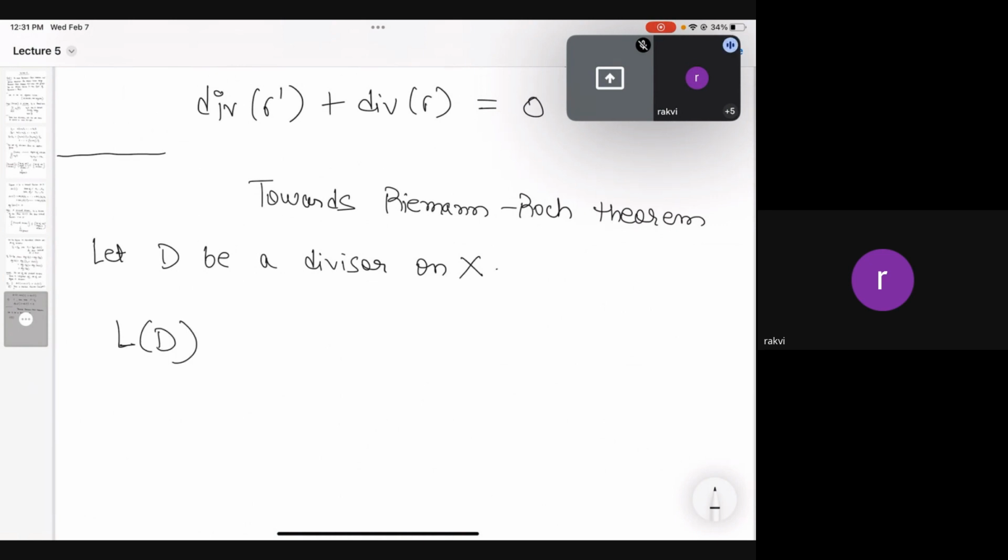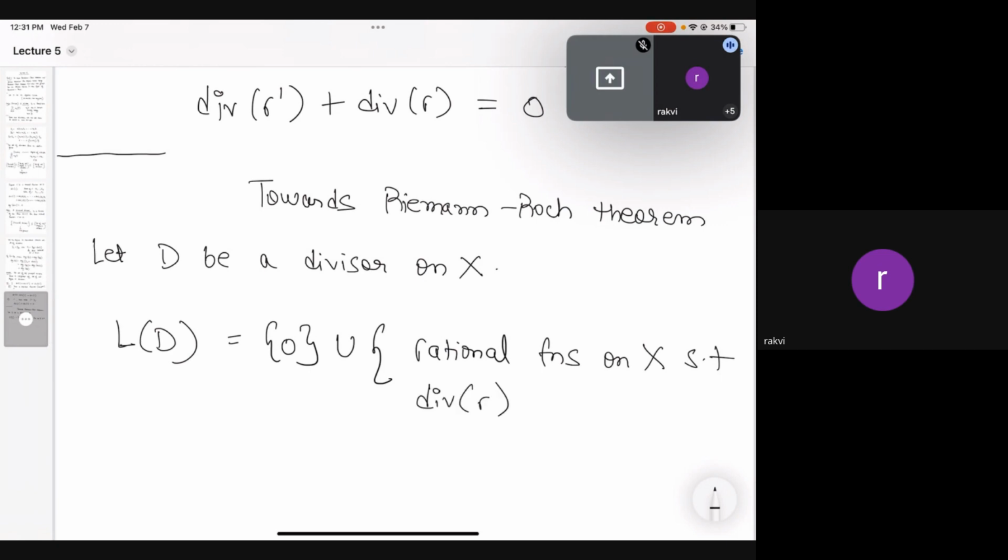So what does this set consist of? It consists of 0 and all rational functions R on X such that when I take the divisor associated to R and add it to D, this should be bigger than or equal to 0.